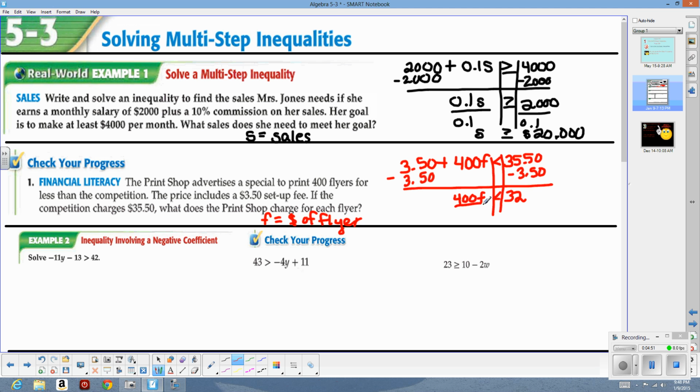And then divide both sides by 400. 32 divided by 400 is 8 cents. So the price of a flyer is going to be less than 8 cents.